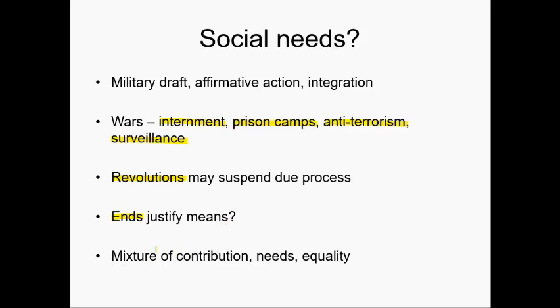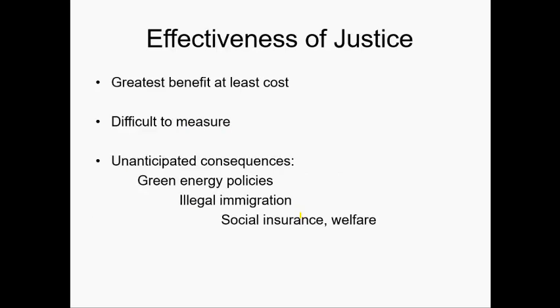So what we come down to when we're looking at justice versus social needs, that there's always some mixture of contribution of those needs, the needs themselves, the equality that is kind of at the root of any democratic society, to try to at least promote the equality of opportunity, even though equality itself may not ever be perfectly realized. So what we have here is some interesting trade-offs.